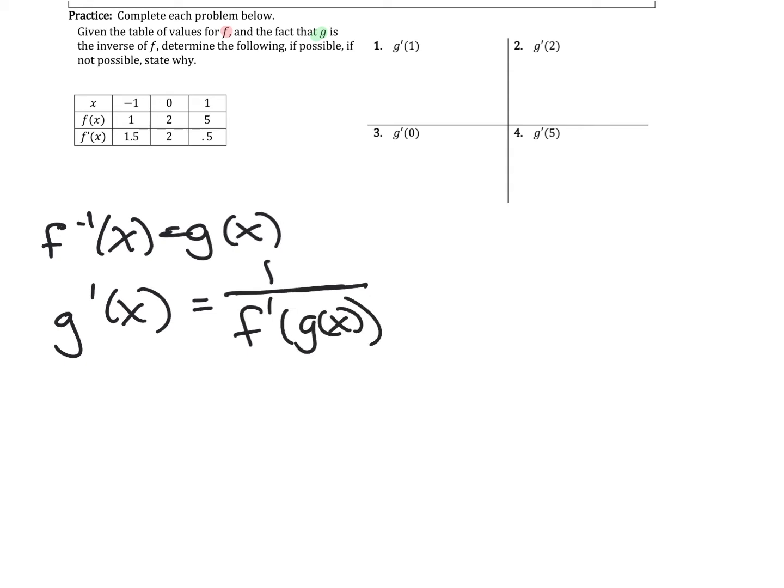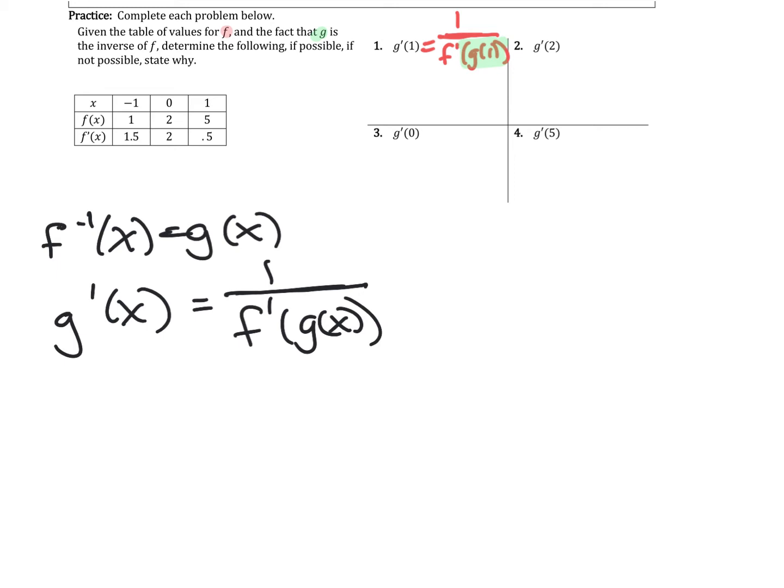So let's go ahead and look at number 1. Number 1 is asking us for g prime of 1. So what does that mean? That means 1 over f prime of g of 1. So in order to evaluate this, the first thing that I need to know is what g of 1 is.